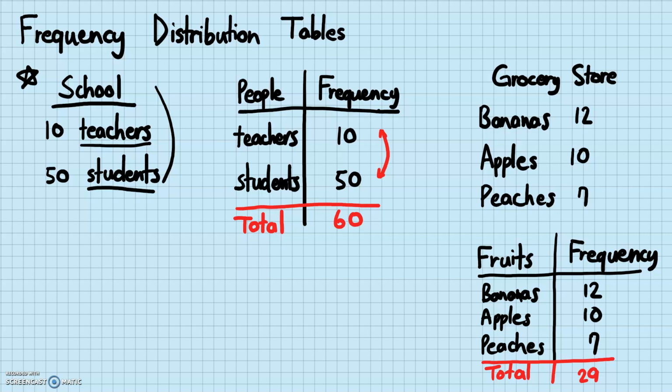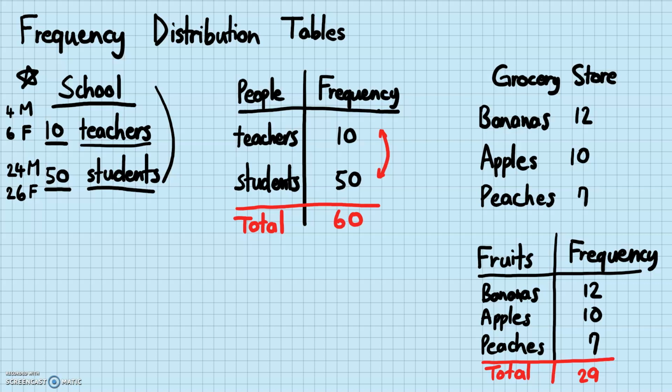Let's say that inside this group of 10 teachers, we have 4 male teachers and 6 female teachers. Inside this group of 50 students, we have, let's say, 24 males and 26 females. So we have additional information, and we can include it in our frequency table.